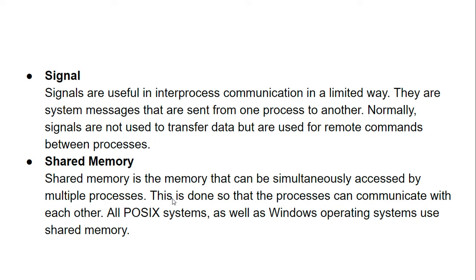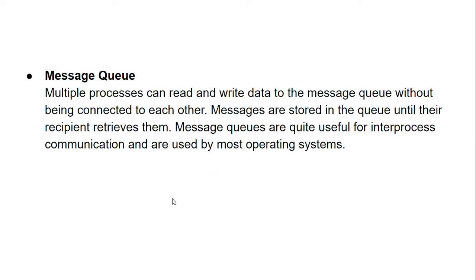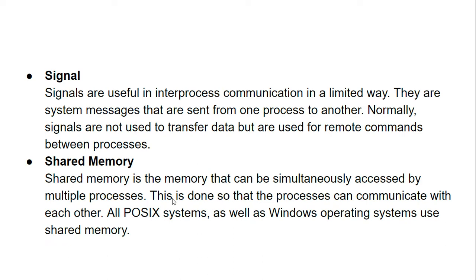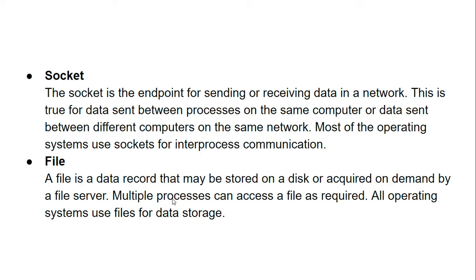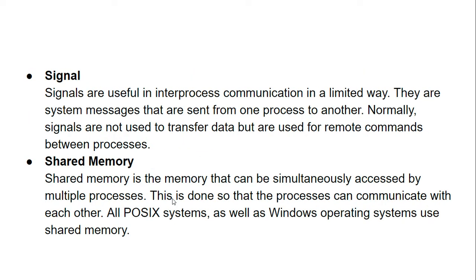Both will be using a segment of memory common to both processes. This way both processes communicate over shared memory. I will show examples of pipe, socket, file, signal, and shared memory.